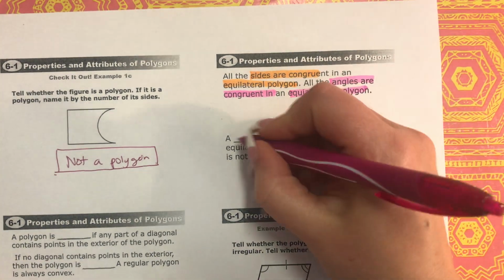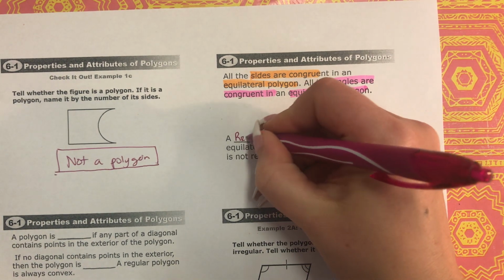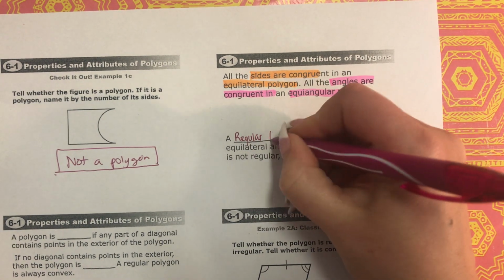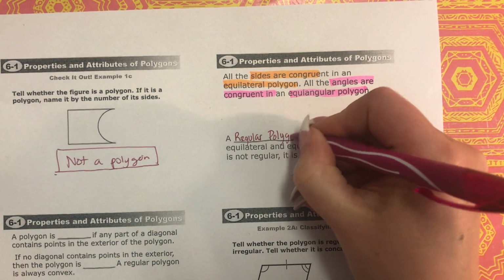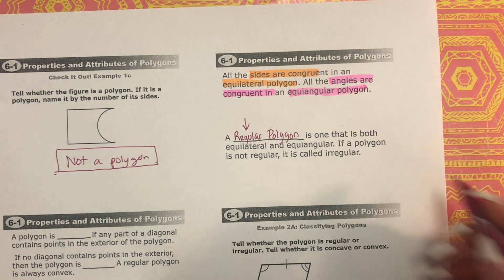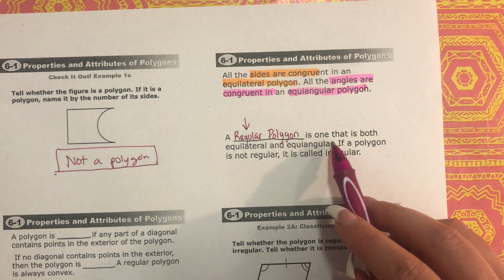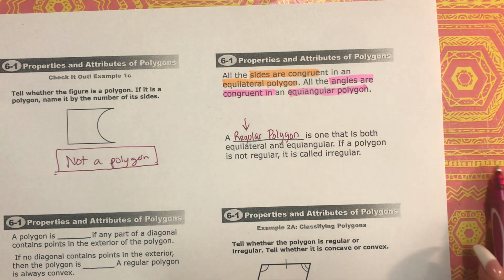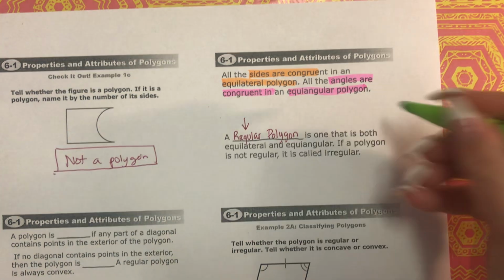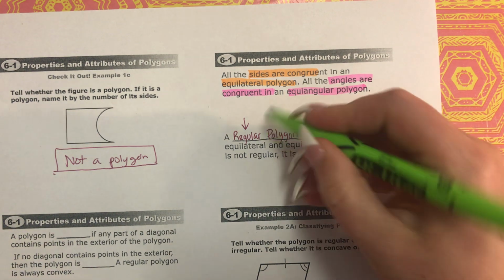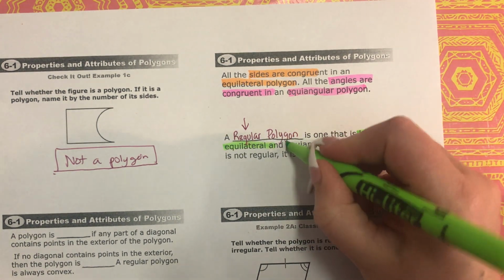And this is a term that you're going to need to know: a regular polygon. It's a polygon that is both equilateral and equal angular.